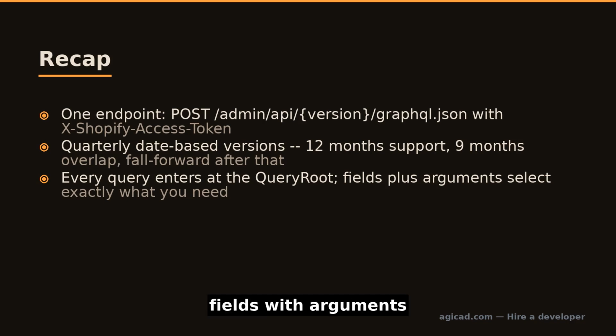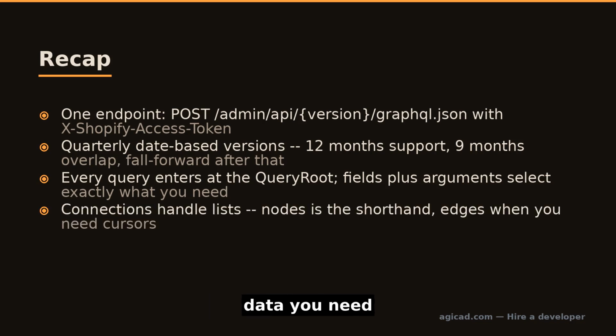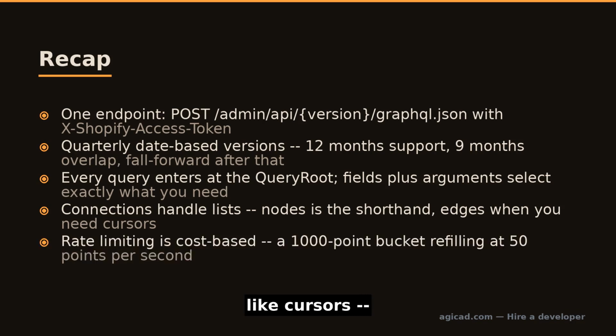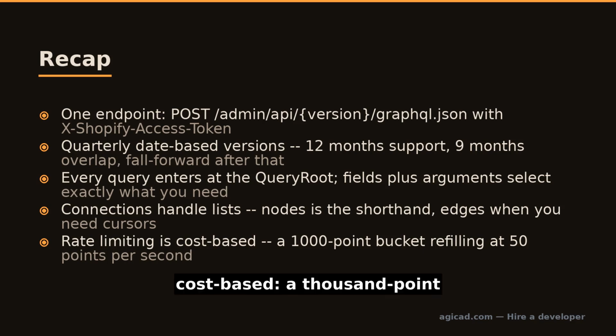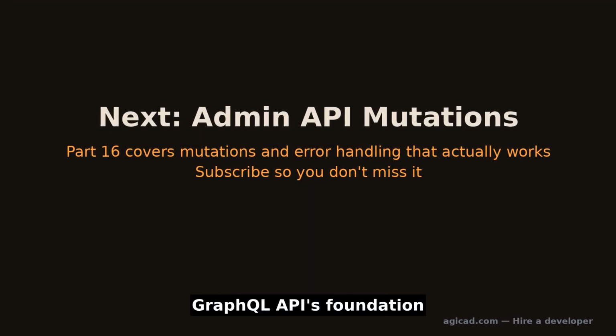Lists are connections: nodes for the common case, edges when you need connection-level data like cursors, and every one of them must be bounded. And rate limiting is cost-based, a 1,000-point bucket refilling at 50 points a second, with a full ledger attached to every response you get back. That's the Admin GraphQL API's foundation: the endpoint, the versioning clock, the query root, connections, and the cost-based throttle.